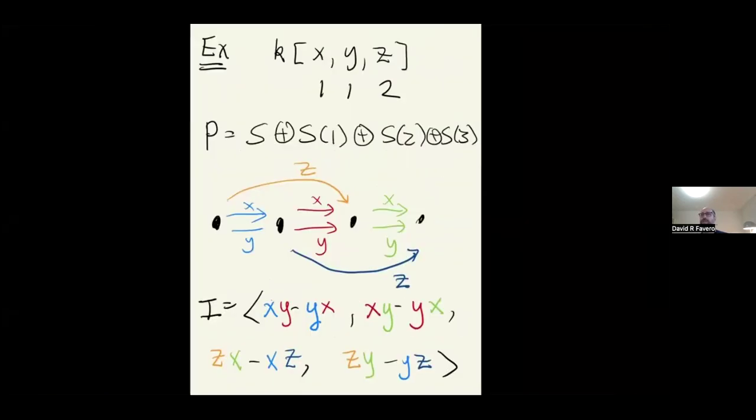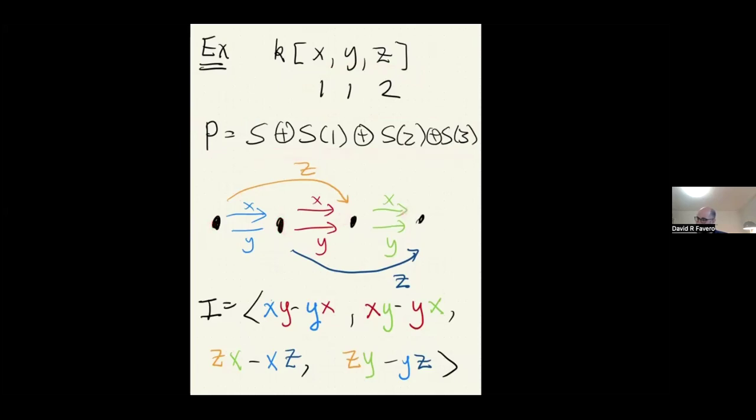So I have one more example. Just quickly. So if I had graded this with degrees 1, 1, and 2, and taken this to be my projective module, I'm not really letting you know why at the moment, okay? But then I would get 4 vertices corresponding to the 4 summands.